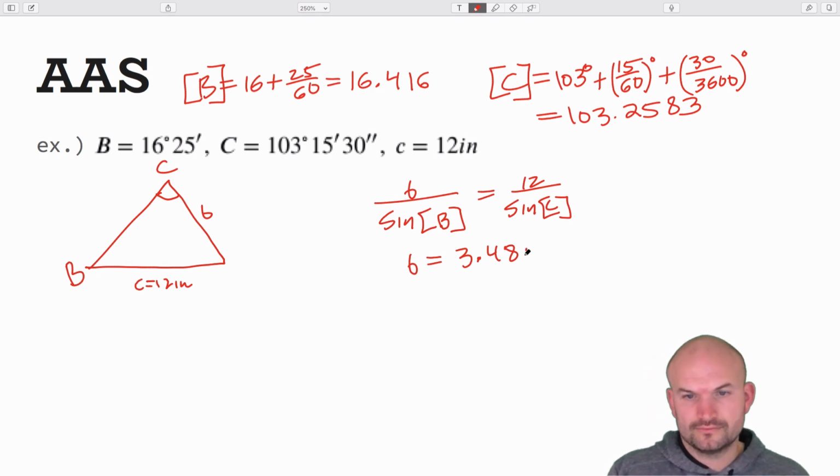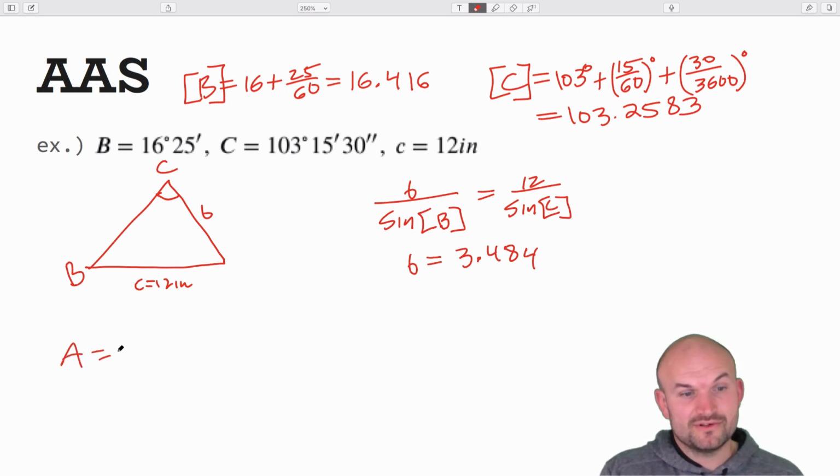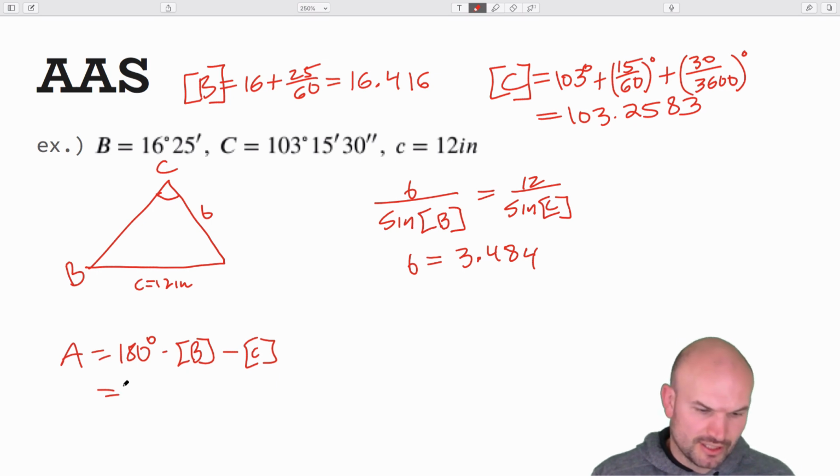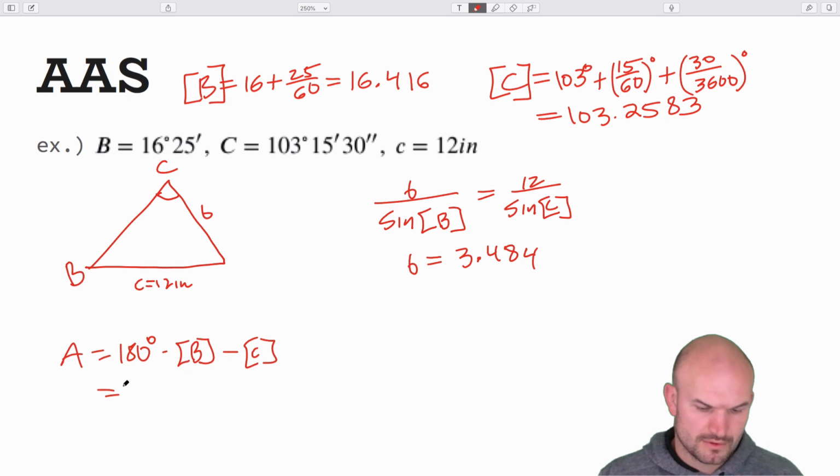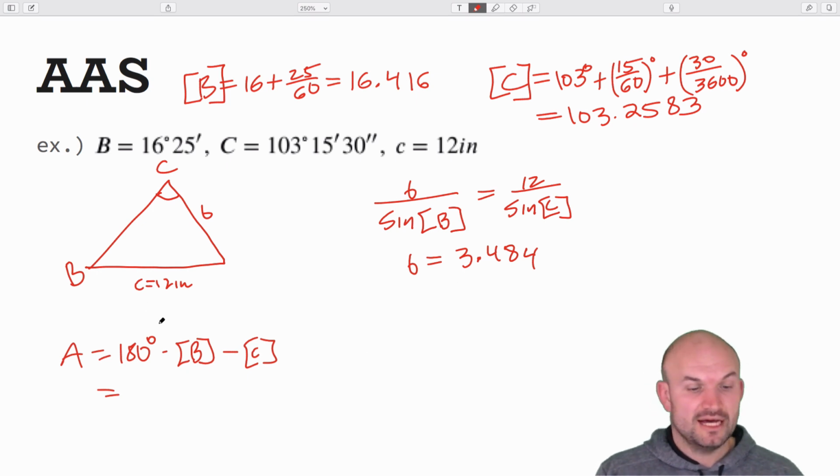All right. And therefore, now I can find A. So A is going to be 180 degrees minus stored B minus stored C. So I'll do 180 degrees minus alpha B minus alpha C. And that's going to give me 60.325.